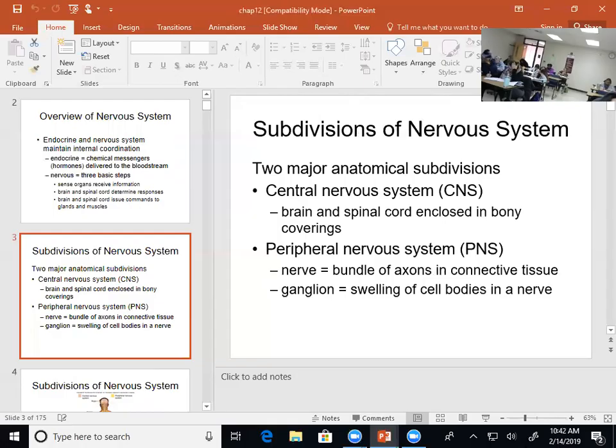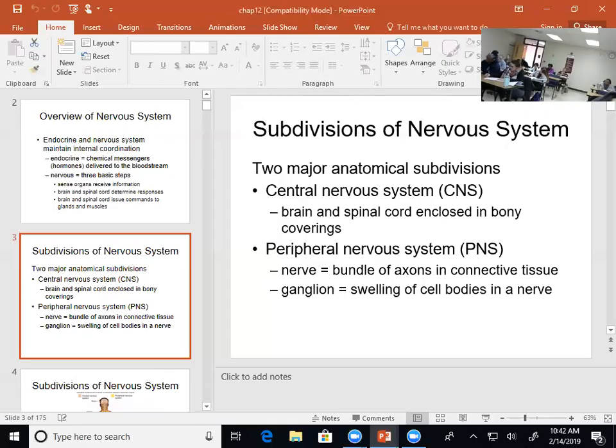Fair enough? Now, is the anatomy of the brain and the spinal cord different from the anatomy of the peripheral nerves? It is. The central nervous system is completely encased in bone, and we're going to find out that it has three separate membranes that are isolating and compartmentalizing it.